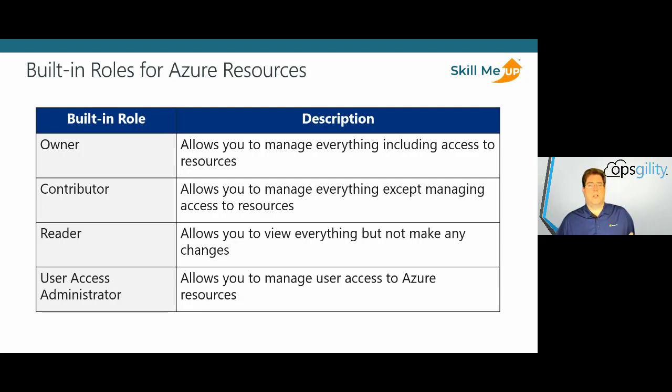Contributor can manage, can create, can do everything except assign a role to somebody else. Reader can only review, as is reader in Azure Active Directory roles, and then user access administrator has the ability to delegate access as well, but they can't create any resources. So the owner does essentially the contributor and the user access administrator role all in one.